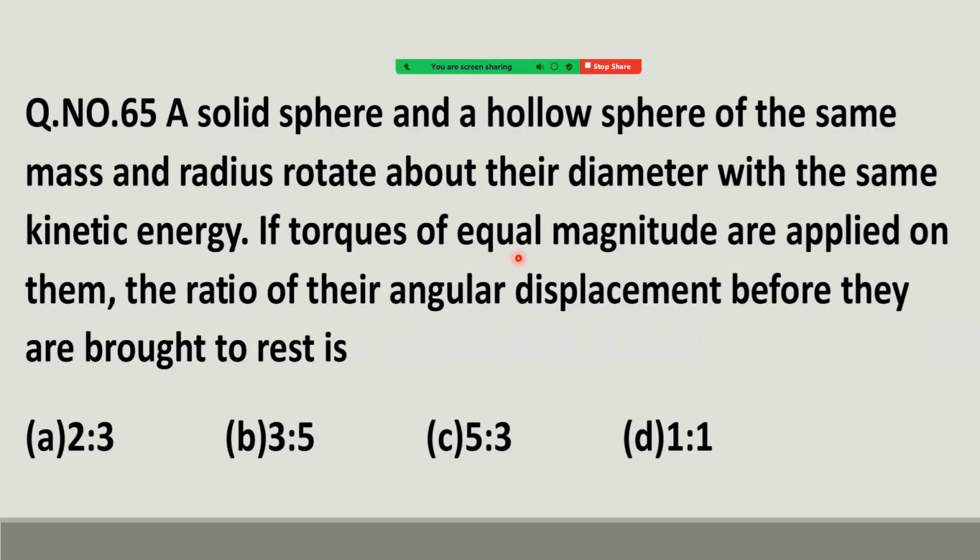If torques of equal magnitude are applied on them, the ratio of their angular displacement before they are brought to rest. Okay, ratio of angular displacement before they are brought to rest.